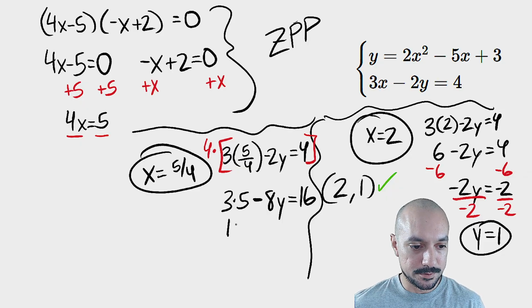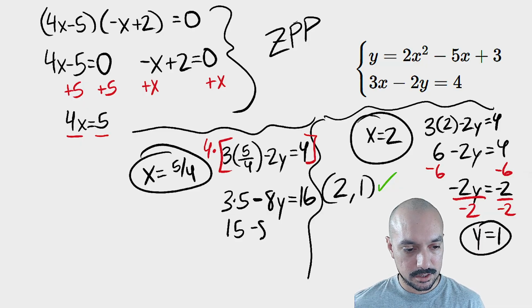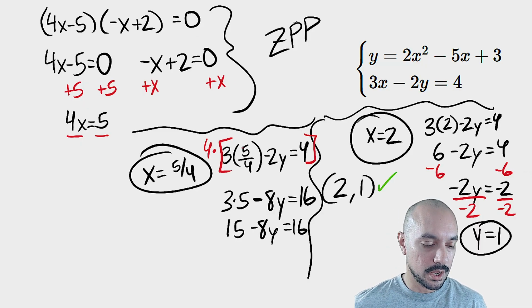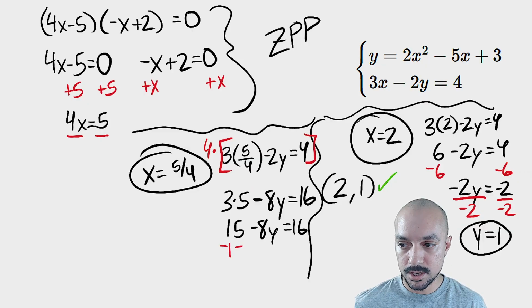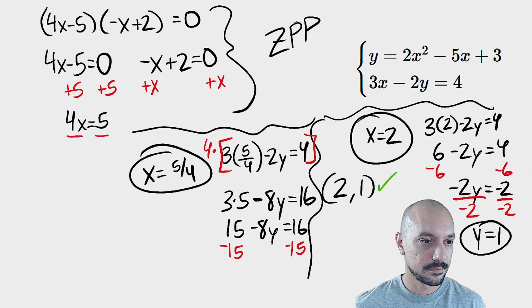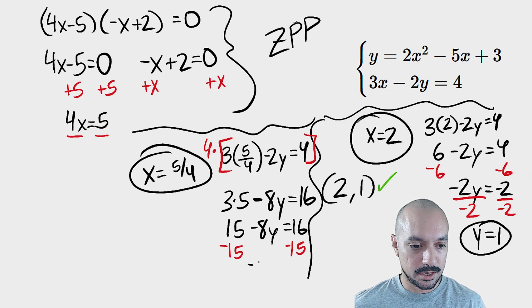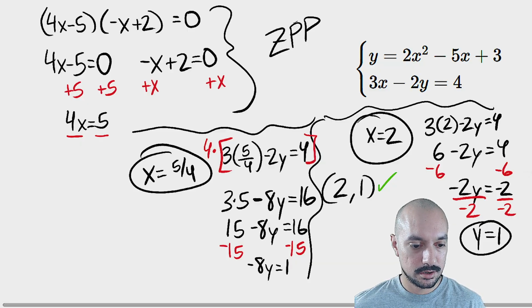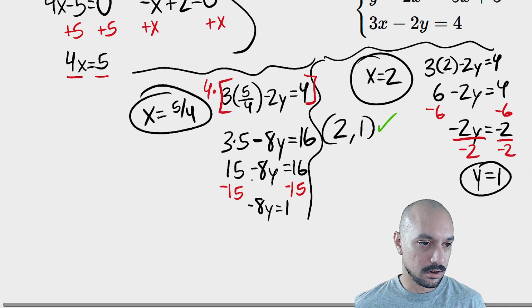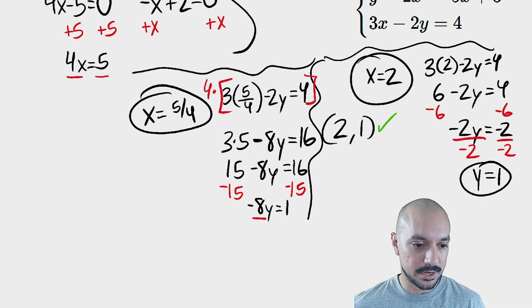3 times 5 gives me 15. Minus 8y equals 16. We'll go ahead and subtract 15 from both sides. And we get negative 8y equals 1. And our last step, we divide both sides by negative 8.